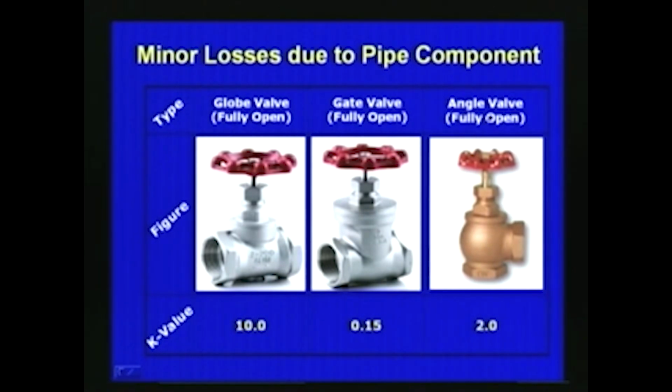And if it is an angle valve fully open like this, then the K value will be about 2. So this value of K depends upon the material and the type of construction. Generally the manufacturer will specify this loss coefficient K with respect to the material and the type of manufacture and other parameters, based upon tests conducted in the laboratory.